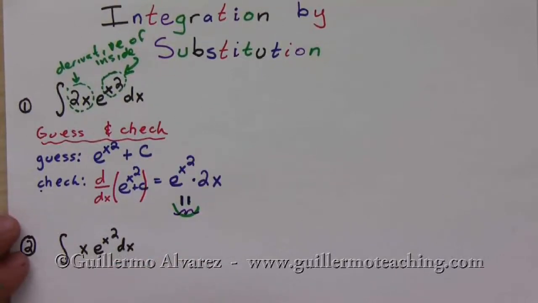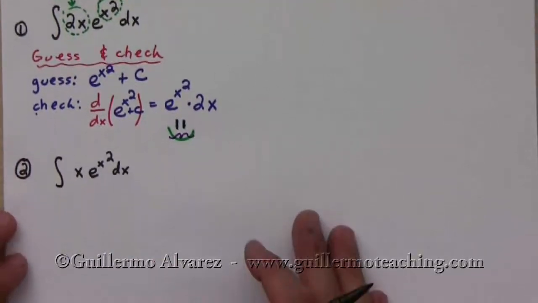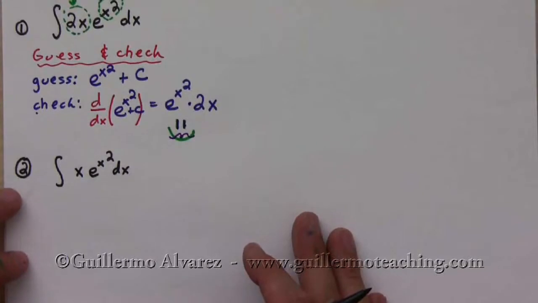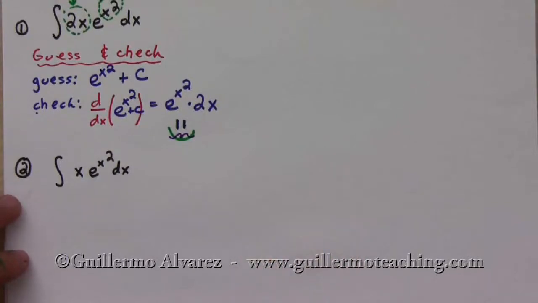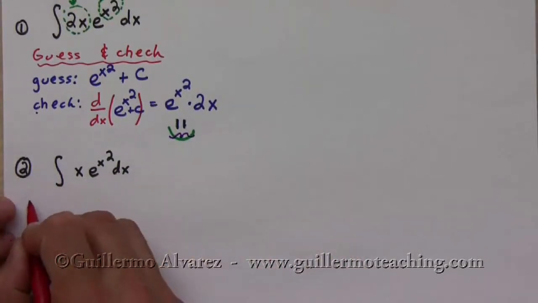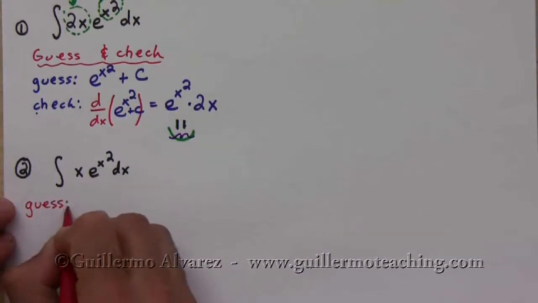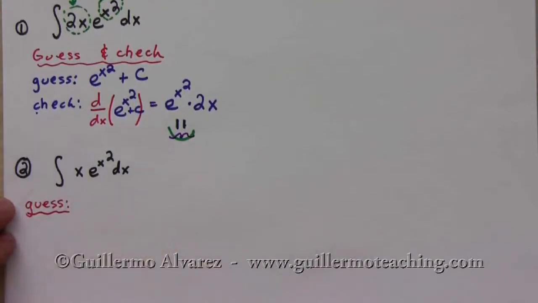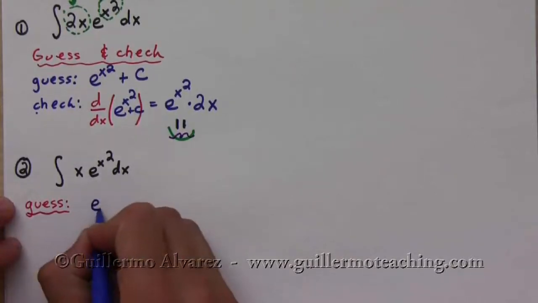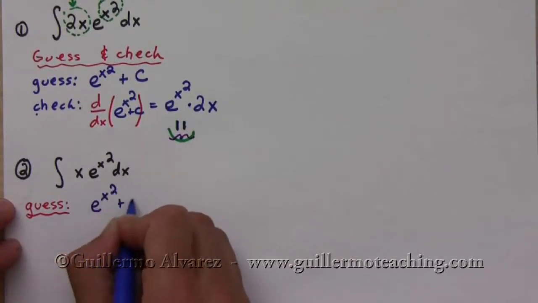If we try to do the same thing, we run into a bit of a problem, because it can't possibly be the same one. So let's say our guess is e to the x squared plus c.